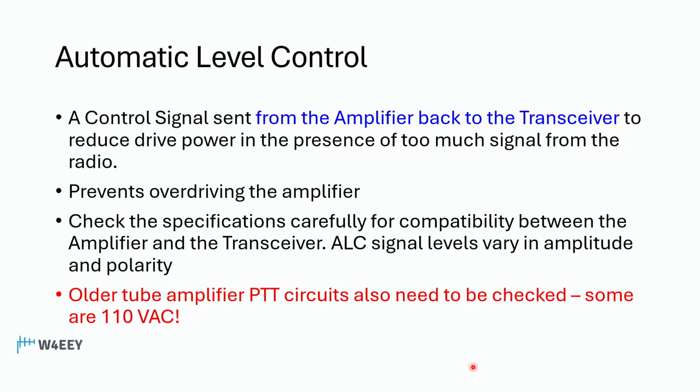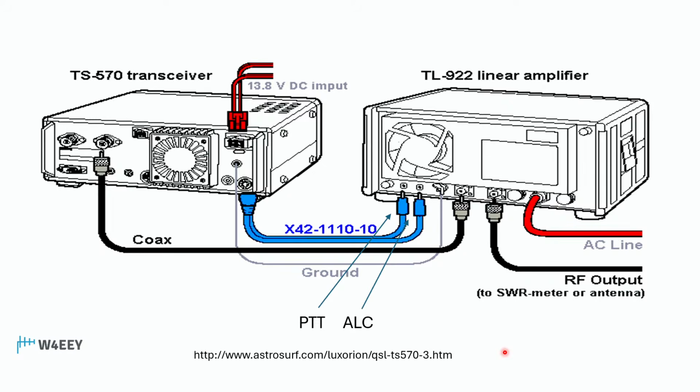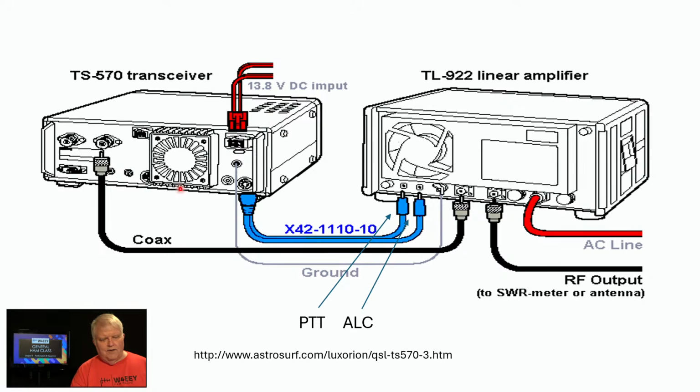Some older tube-type amplifiers actually have PTT circuits that operate on 110 volts AC, which exceeds the rating of most solid-state transmitters today. So you have to know about these things. Here's an interconnection from a Kenwood TS570 to a Kenwood TL922 linear amplifier, for example, where it's got PTT and the ALC coming back to the radio here, and the RF drive from the radio coming on coax into the amplifier here.